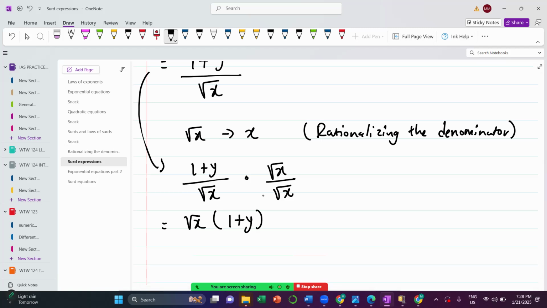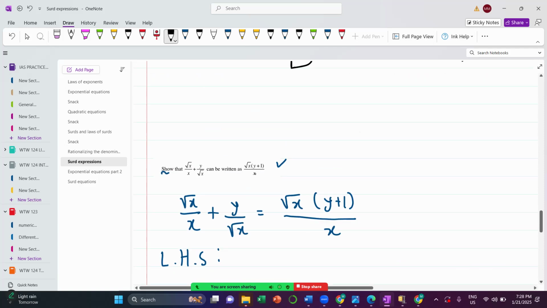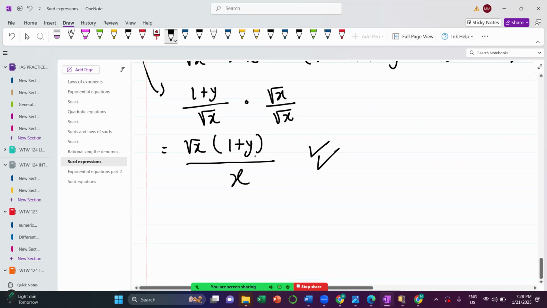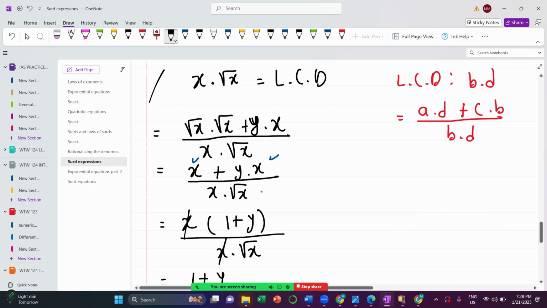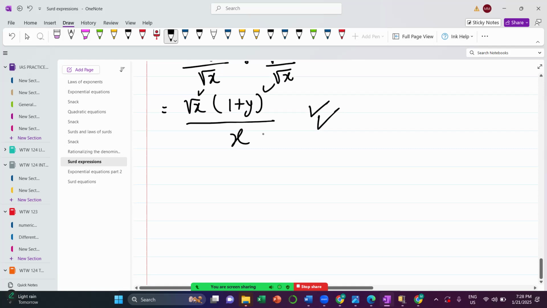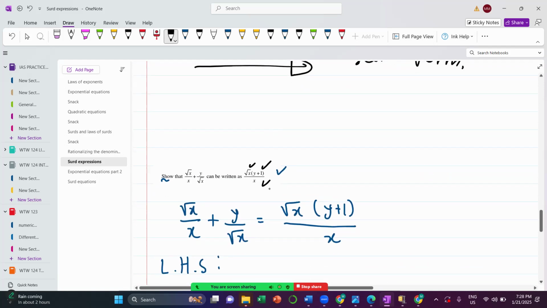But then these two, when they multiply each other, we're just going to get an x, which is exactly what they said they want, because it looks identical to what they said we must do. I have a root x there and a root x there, and I have a 1 plus y, and there I have a y plus 1, which is still the same thing. And then I have x here, which is exactly also what they have underneath as a denominator.